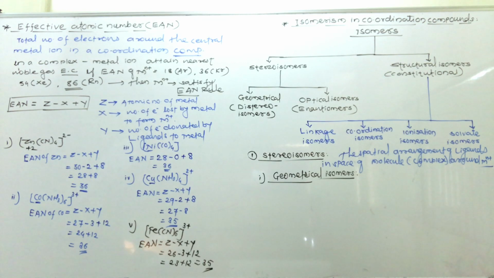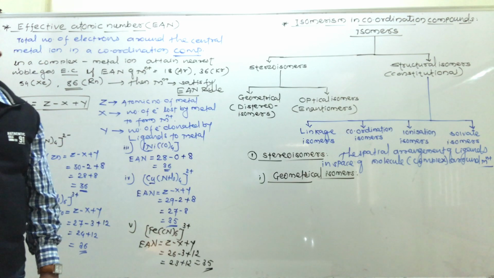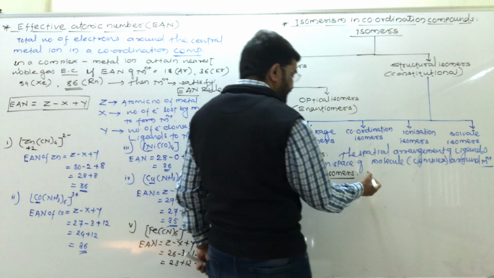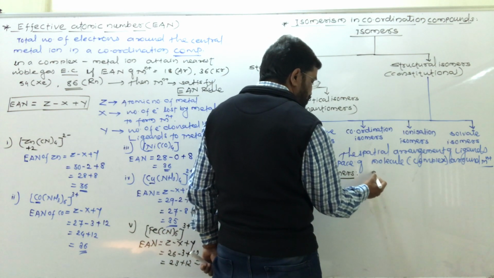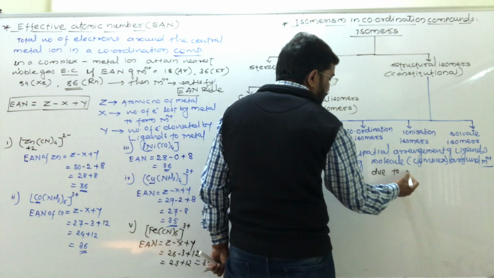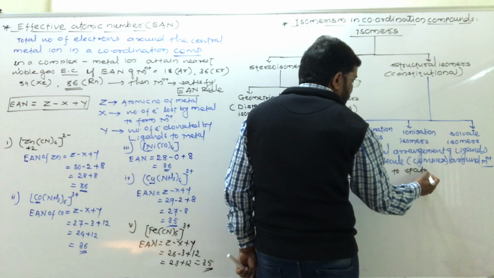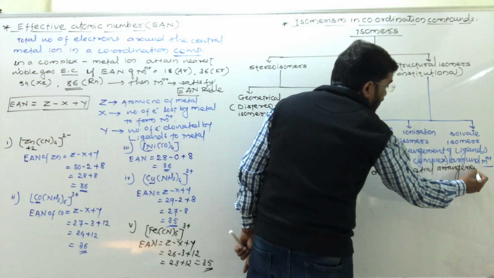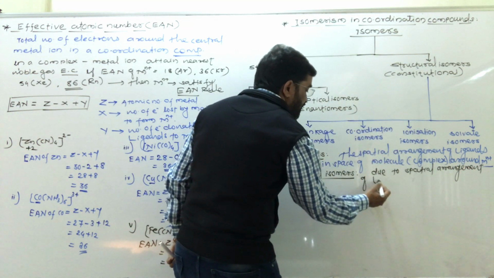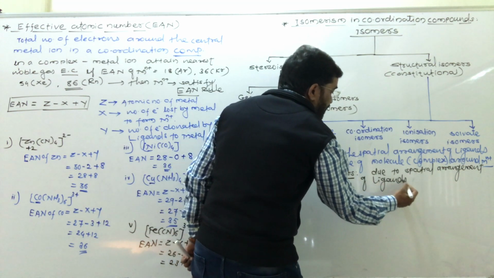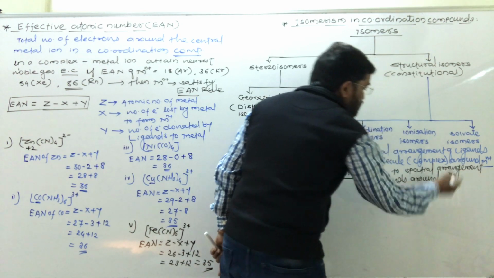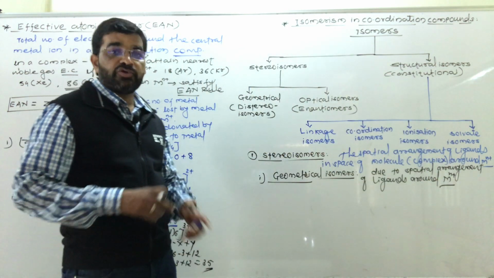Now about these diastereomers, here we have to study, these are non-superimposable mirror images, no doubt, but here in this case these are the isomers due to the spatial arrangement of the ligands around central metal atom or ion. So that is nothing but the geometrical isomers.